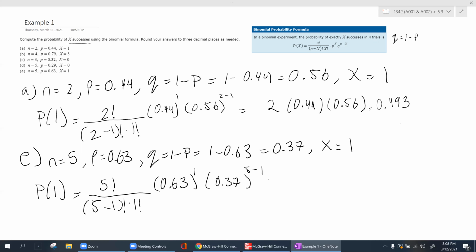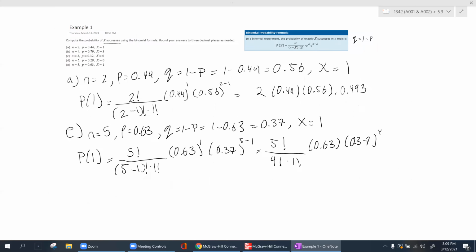Let's clean this up a little bit. This gives me 5 factorial over 4 factorial times 1 factorial, times 0.63 times 0.37 to the 4th power.